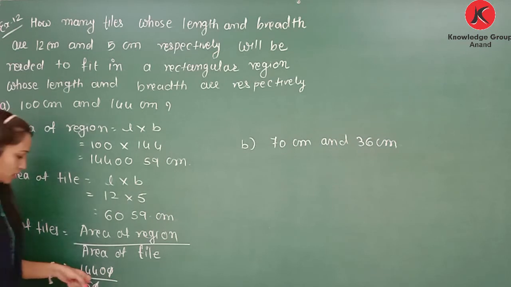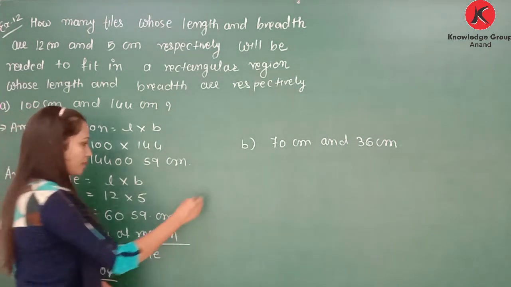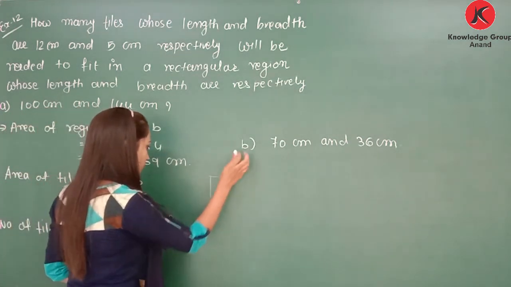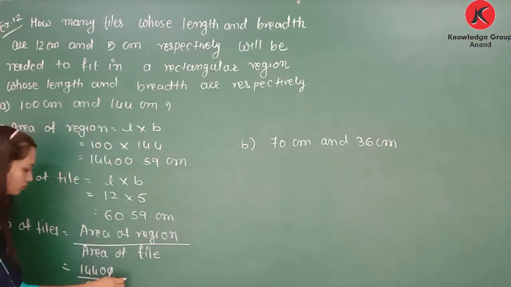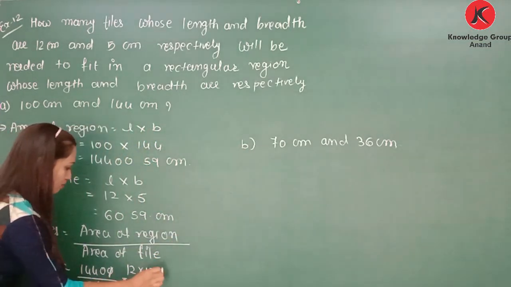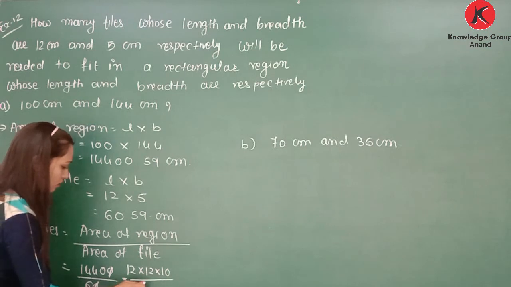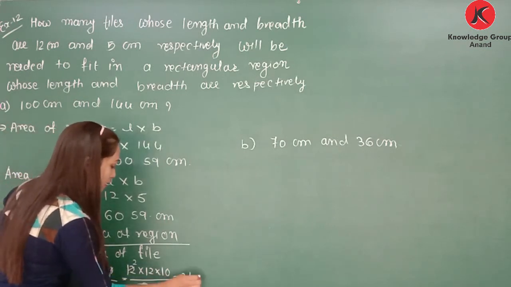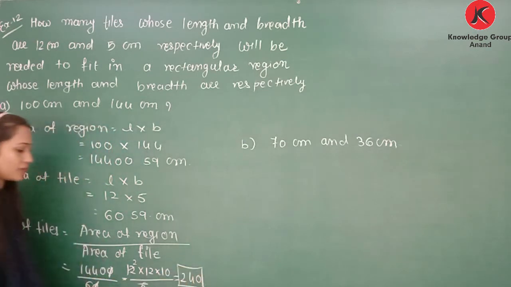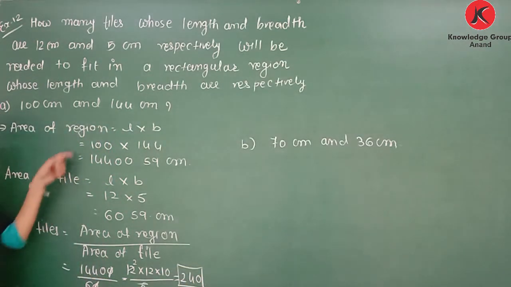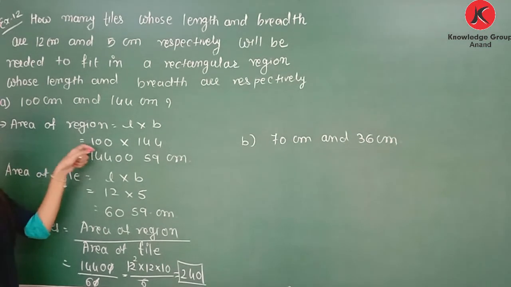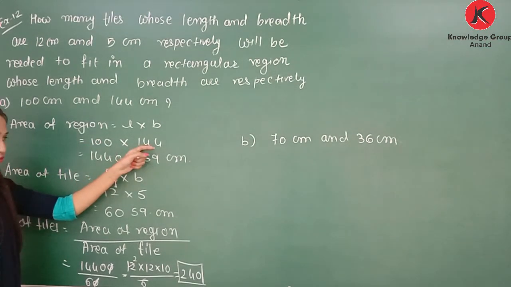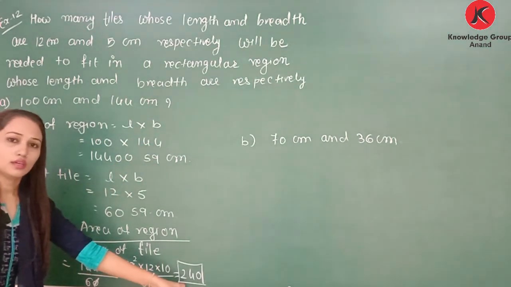So divide 1440 by 6. 12 multiply 10 and 6, 240 tiles. So that is the number of tiles for this region, for which length is 100 and breadth is 144: 240 tiles.